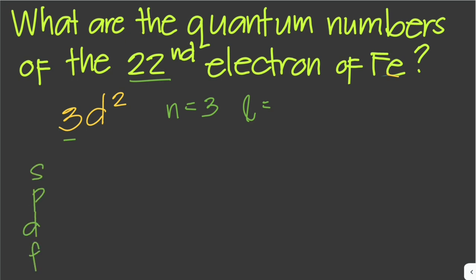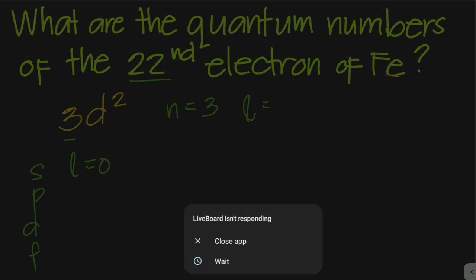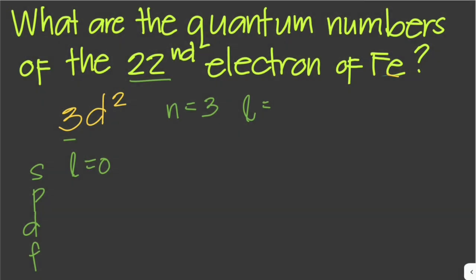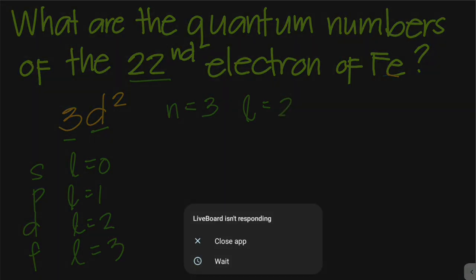So when it is an s orbital, then L equals 0. For p, L equals 1. Then d, L equals 2. And then f, L equals 3. Since our electron here has d orbital, therefore the value of L is equal to 2.